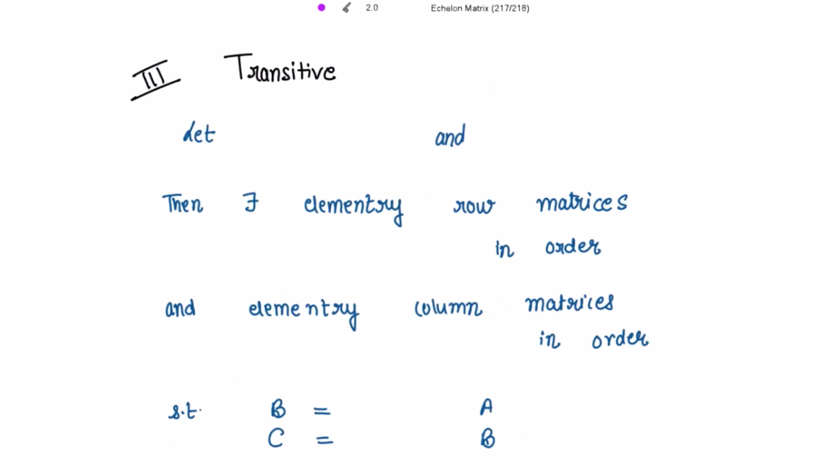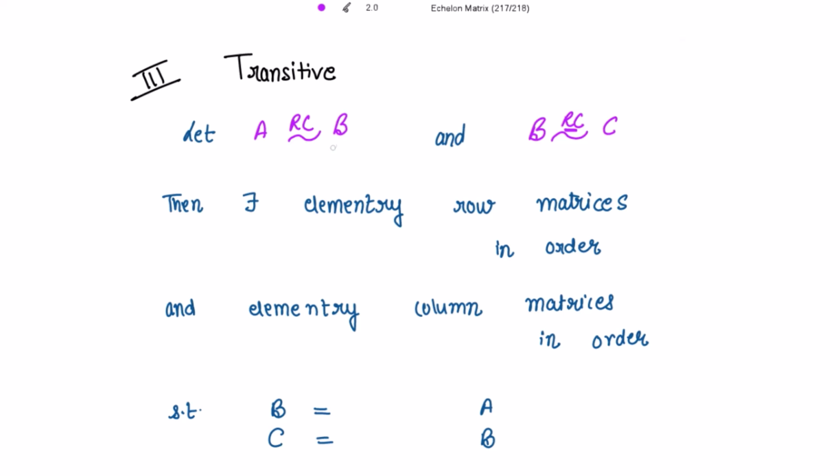Next is transitive. So for transitive, we need to take two relations. Let A be row column equivalent to B and B be row column equivalent to C. Please remember, this C is your matrix, okay? Don't confuse it with this RC. Here the C is for column operations and this C is your matrix.